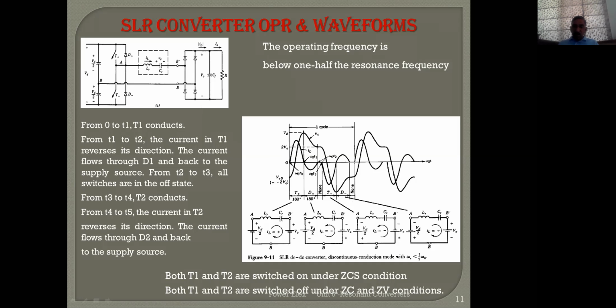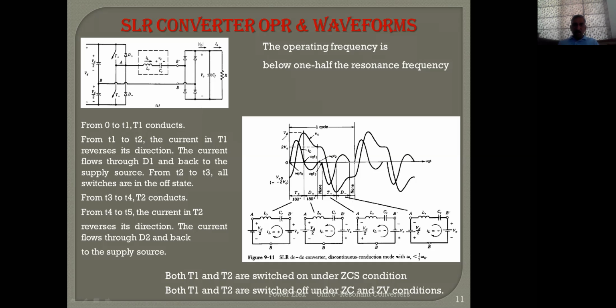And if you see the turn off condition, at T plus turn off, current is 0 and the voltage across the load V0 is near 0, while VC, the capacitor voltage, is at peak.